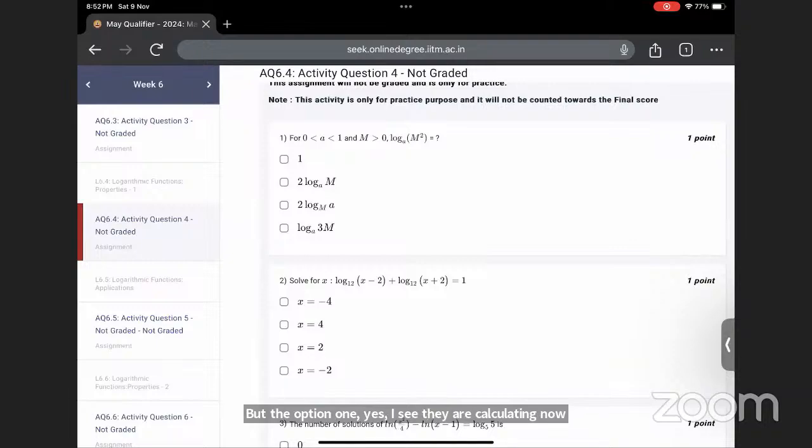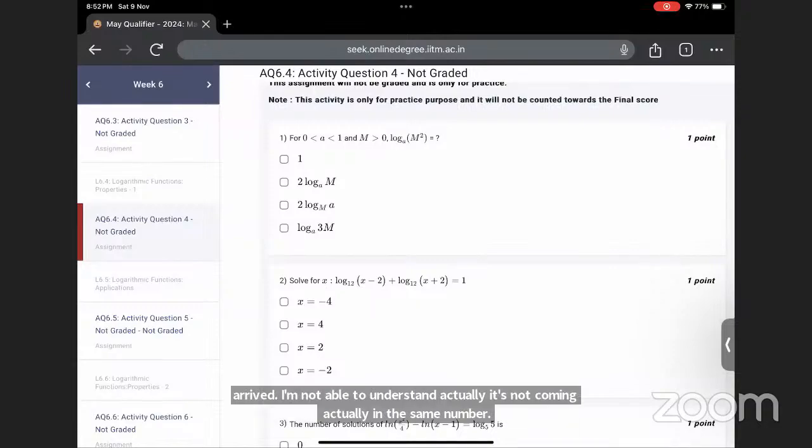The first step itself, 1.18 plus 0.006. I don't know how they arrived at those numbers. I'm not able to understand actually. The same number is not coming when I work out the problem. They directly calculated and gave the answer.